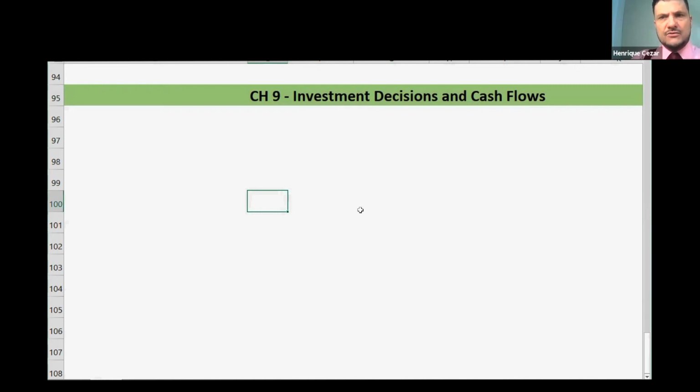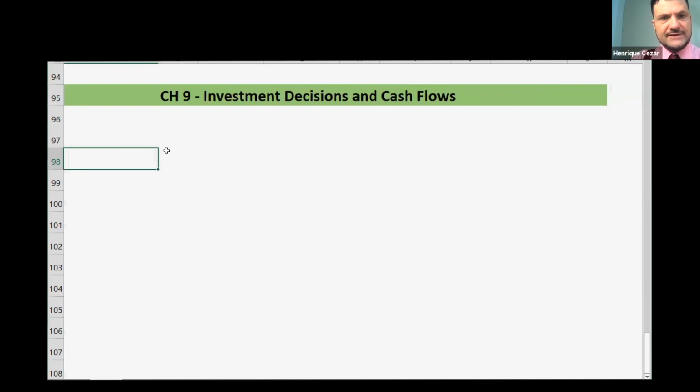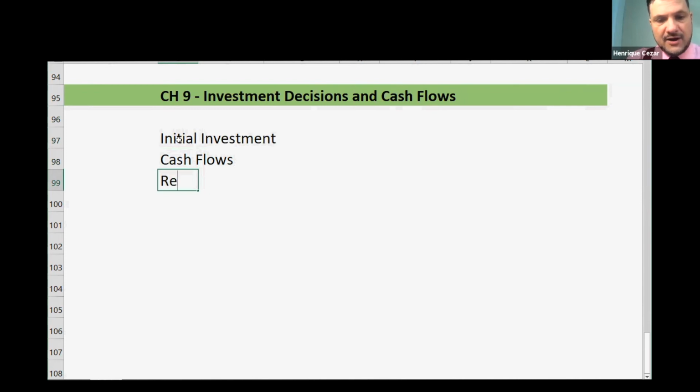Now, let me use the previous chapter's homework as a way to start this. All right, friends, so look at this. On chapter 8, a couple of things are given to you. The cash flows are given to you, okay? The initial investment was given to you, and the required return was given to you.